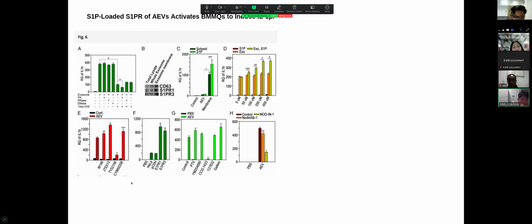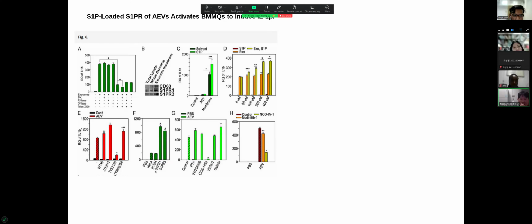And then the S1PR inhibitors were used, and it was found that the S1PR3 inhibition reduced the interleukin-1 beta activation, while others did not.